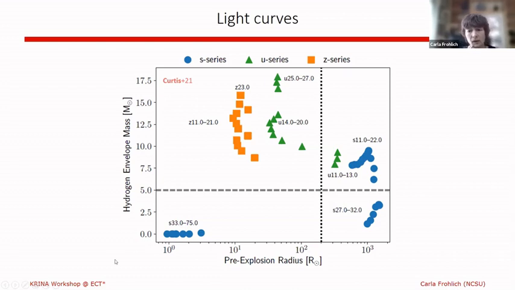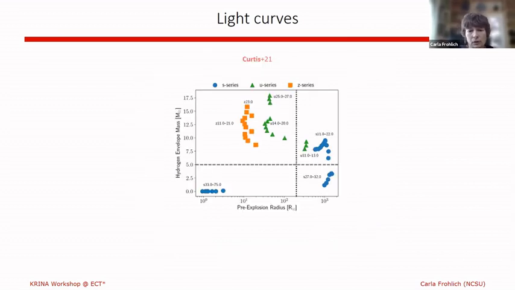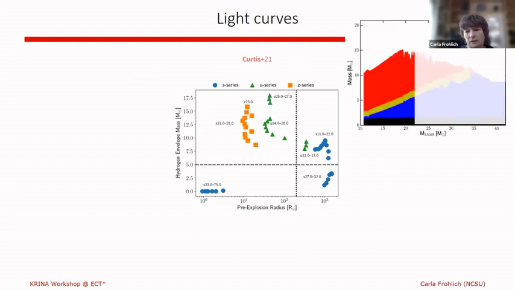The different colored points tell you the metallicity. So blue is solar, green is low metallicity, and orange are zero metallicity models. But they fall into these basically 4 quadrants indicated by the dashed and dotted lines. And when you look at which models fall into which quadrant, you'll see that they have progenitor properties in common.